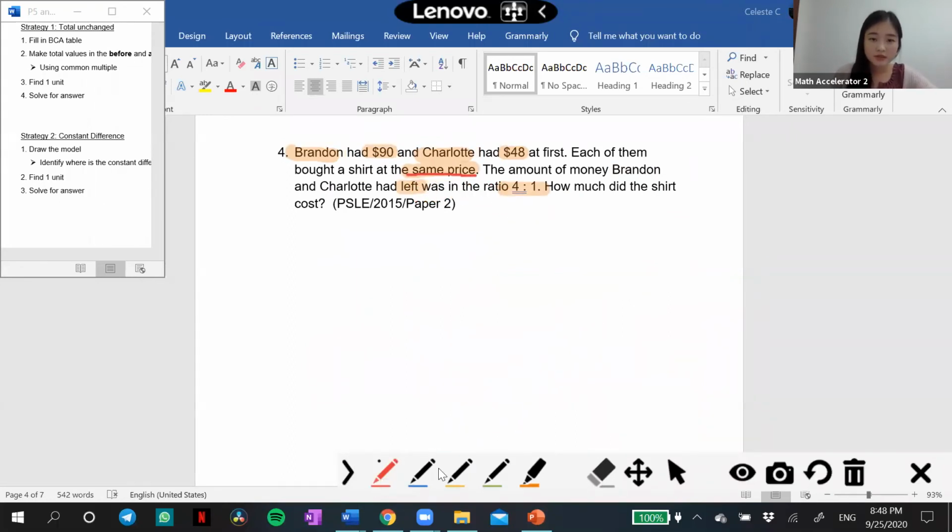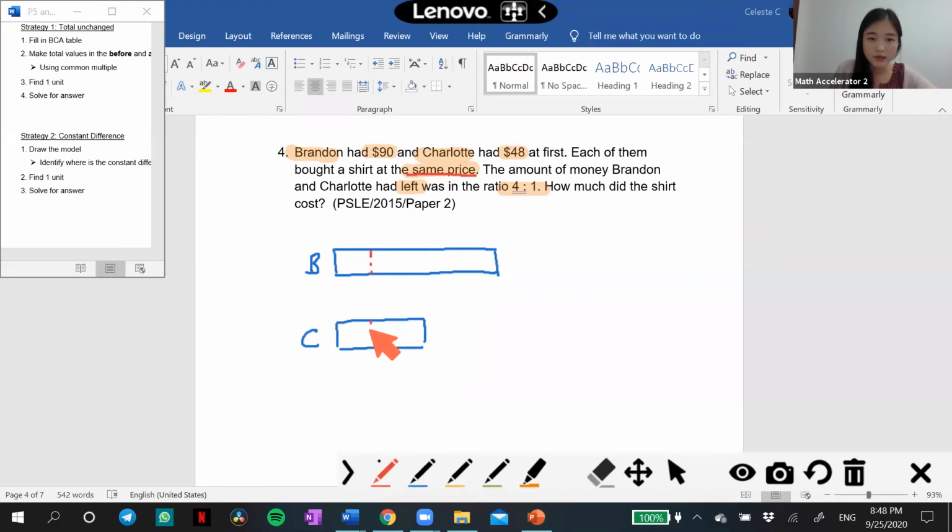So Brandon and Charlotte, 2 people. Brandon has 90, which is more than Charlotte, who has 48. And they bought a shirt at the same price. Right, this is all of their money, and they bought the same shirt at the same price.